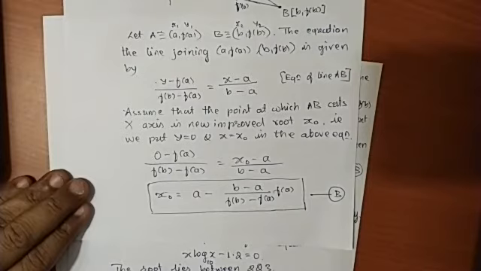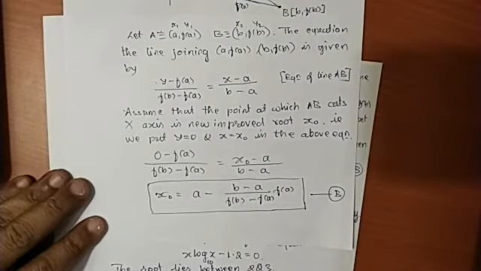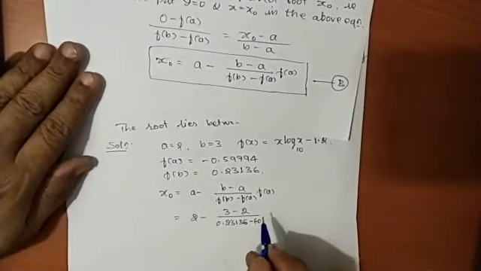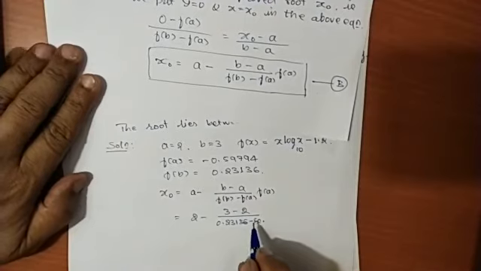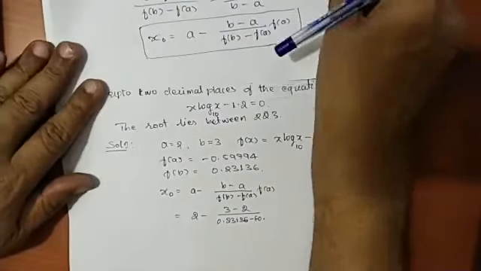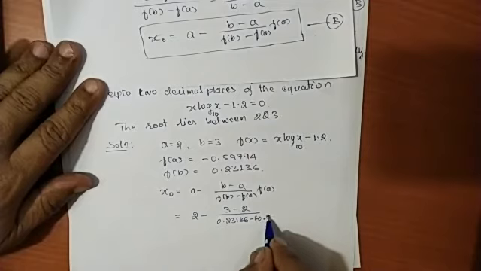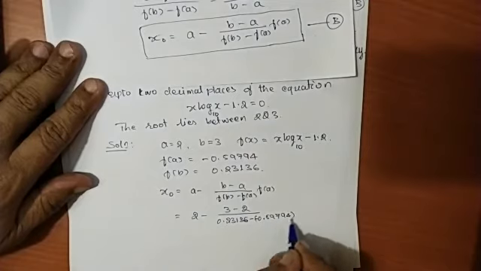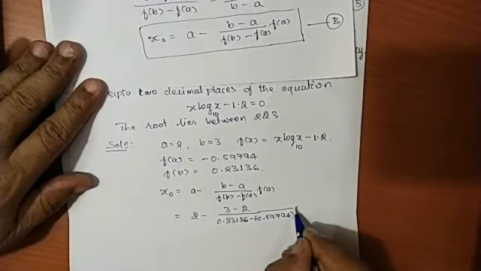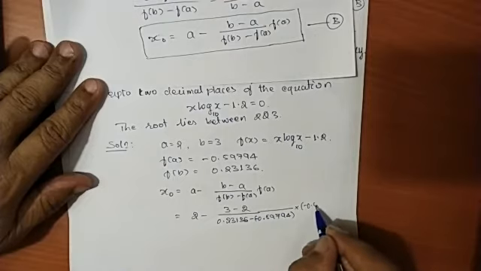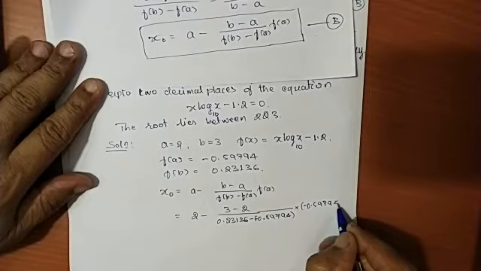So this is equal to 2 minus (3 minus 2) divided by (0.23136 minus of minus 0.59794) times minus 0.59794.